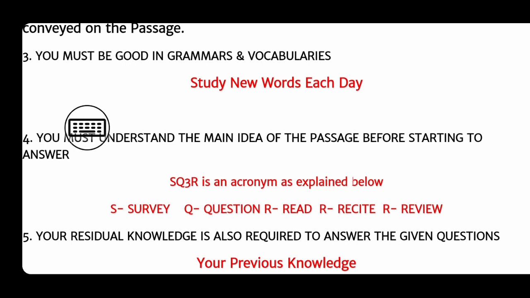Nevertheless, understanding the main idea of a passage will help you get every other question right. So watch out for questions which ask you to give a suitable title to the passage. In questions like that, you can use the SQ3R method to know what any passage is talking about, so you can get the main idea without wasting time.